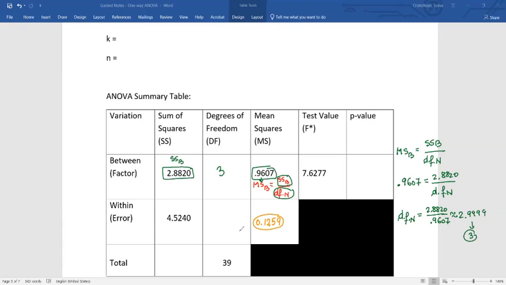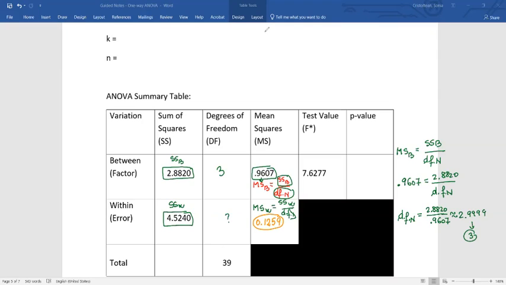Now the same idea goes for degrees of freedom of the denominator. Right here we have this number, which is mean square within. The formula for the mean square within is SSW divided by degrees of freedom of the denominator. This part right here is sum square within, and this is what we are looking for.